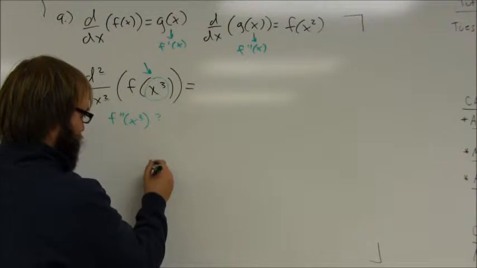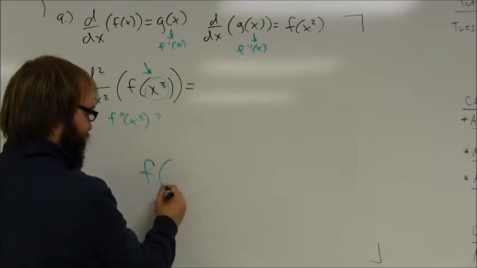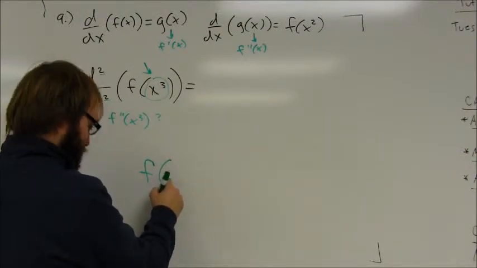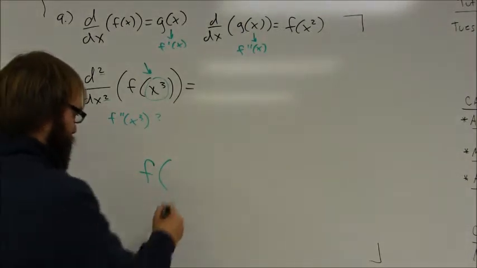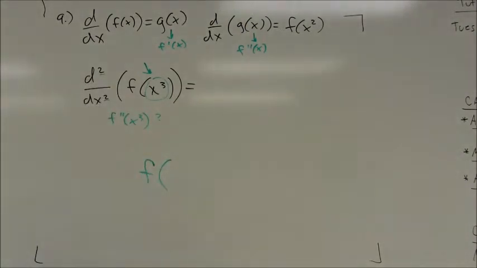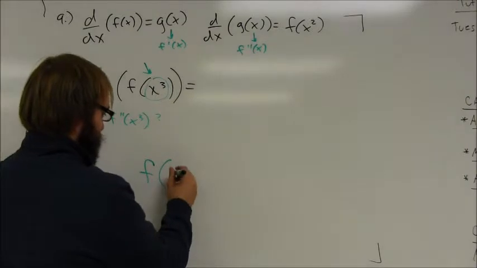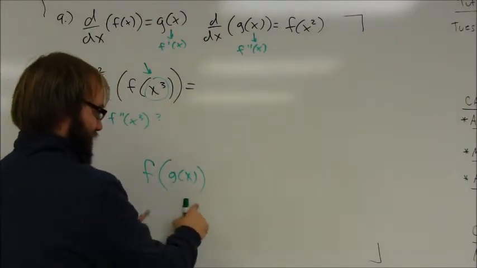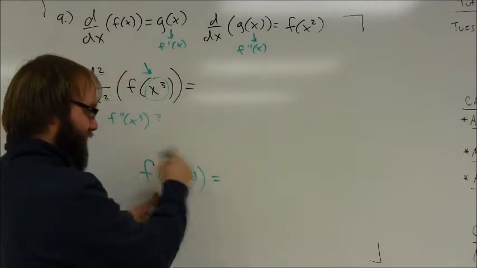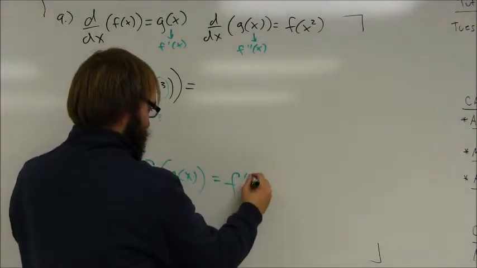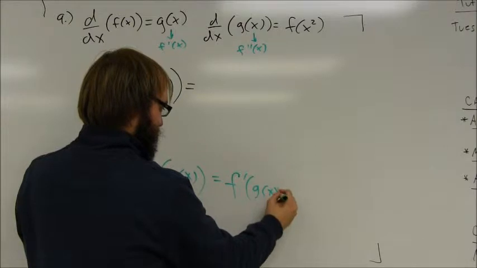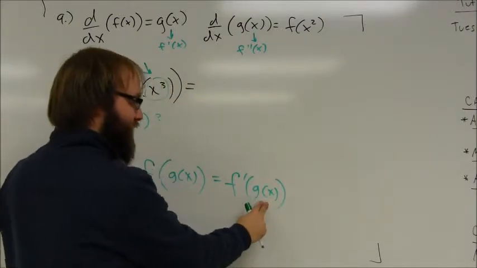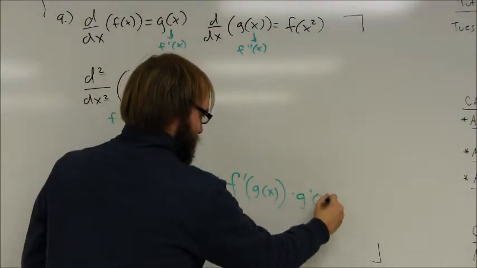But let's say that they give you a function, f of x, and you have an inside function that is a g of x. Yeah, that'll work fine. If you want to take the derivative of this thing, it's actually going to be the derivative of the original function with the same inside function times the derivative of the inside function.